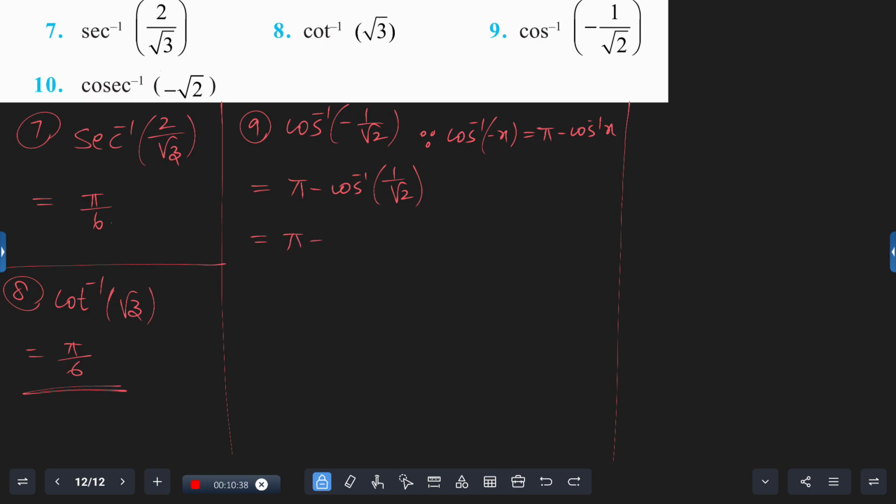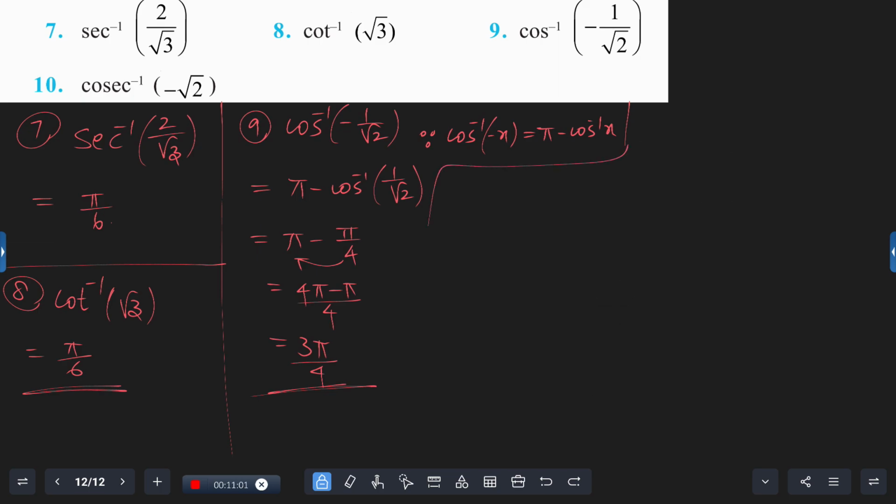For what angle will you get 1 by root 2? For cos 45, which means pi divided by 4. When you cross multiply, 4 pi minus pi divided by 4 is equal to 3 pi divided by 4. The trigonometric table plays the major role here. Understand? Be careful.